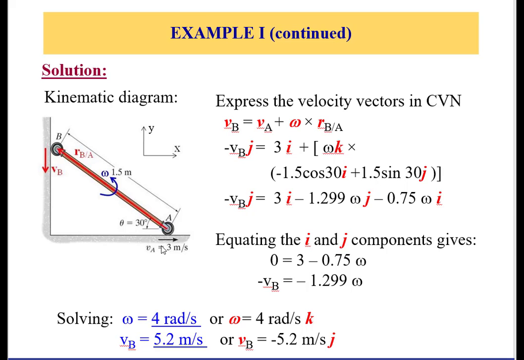If A is going to the right, then we can definitely say that VB is going downward as a result of counterclockwise rotation of link BA. We can label that as omega, which is unknown to us, so it's omega k if we're using vector analysis. VB has a magnitude of VB in the negative j direction, and VA we said is 3i.